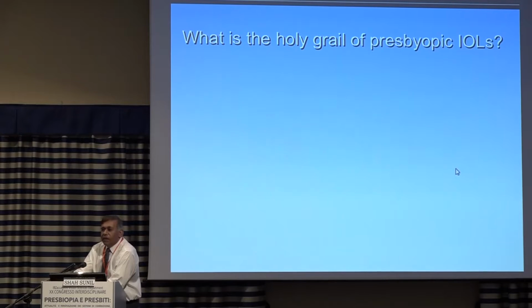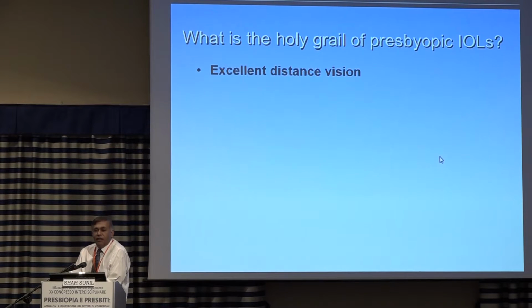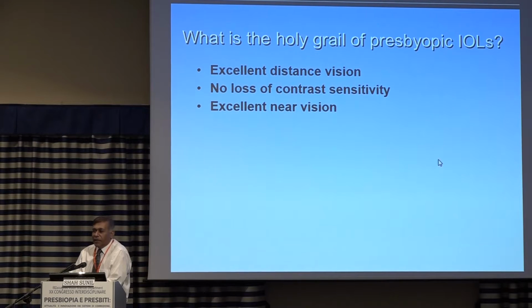So if you've got a presbyopic IOL, what is it that you want? You obviously want excellent distance vision. You can't compromise that. You don't want to lose contrast sensitivity. I mean, you'll be familiar to this from contact lenses as well. A lot of the designs of our intraocular lenses have come through multifocal contact lens designs first.